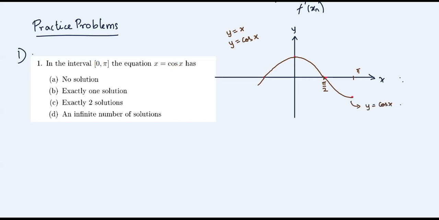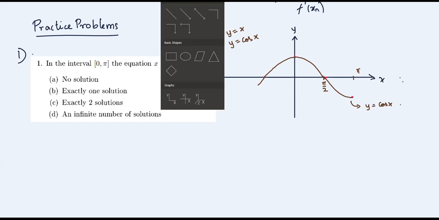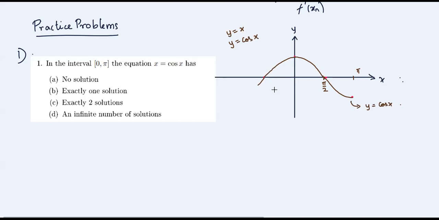And this next line will be the line y equal to x. The y equal to x line is a 45-degree inclination line.